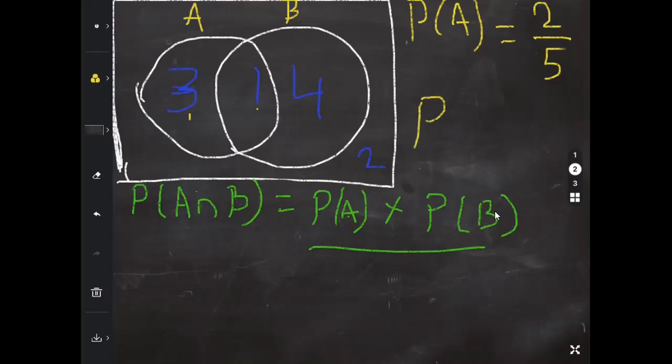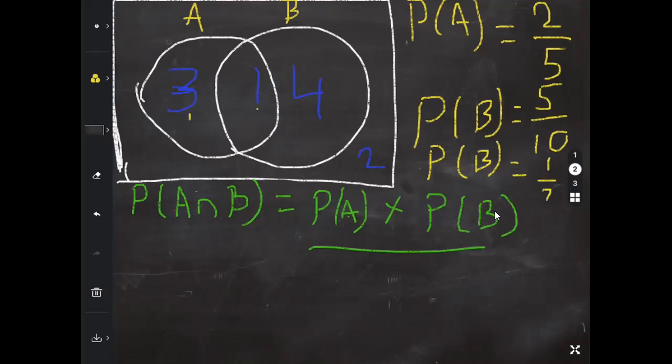Let's have a look at the probability of B. So our probability of B, if we've got 5 B values out of 10, which we can simplify to probability of B equal to 1 on 2.